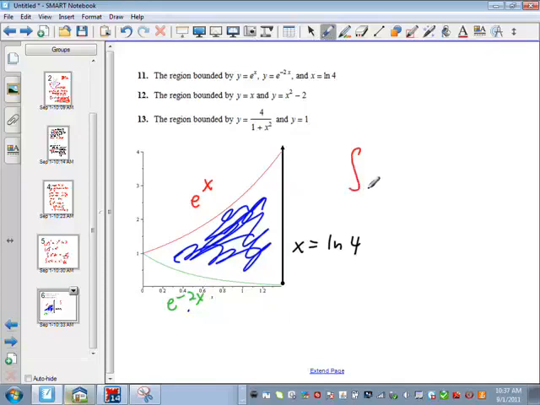The integral from, looks like x goes from 0 to the natural log of 4 for sure, of e to the x minus e to the minus 2x dx.